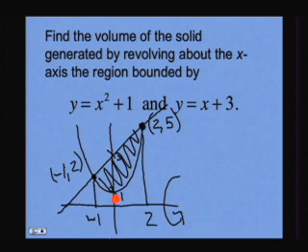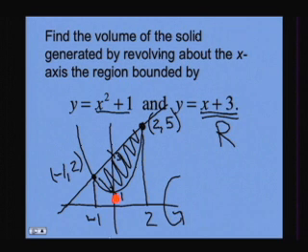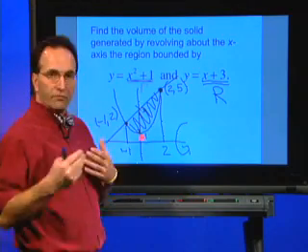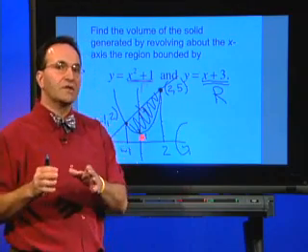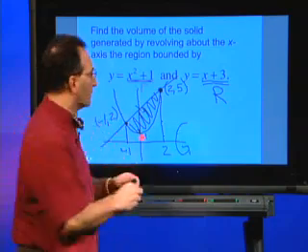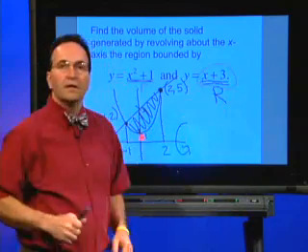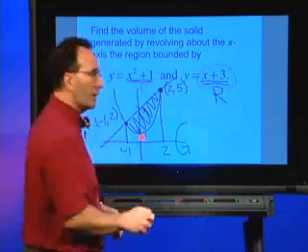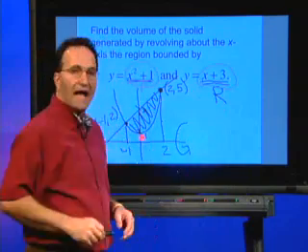The upper curve, y equals x plus 3, would be our capital R. The lower curve, x squared plus 1, which is right here, would be the little r when we plug this into the formula pi times capital R squared, which would be this, minus little r squared, which will be that.